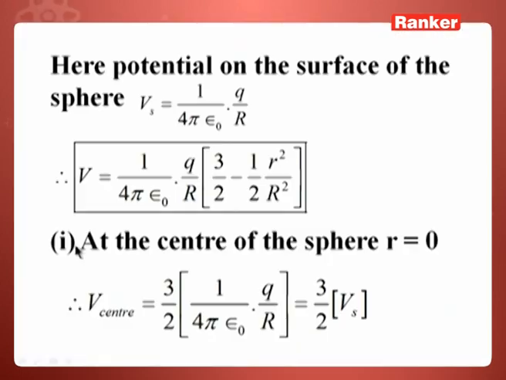First case says, at the center of the sphere, what would be the potential? At the center of the sphere, we can understand from this formula that the value of small r now becomes 0. Small r is the distance to the point considered from the center of the sphere. When the center itself is the point of consideration, r automatically becomes 0.